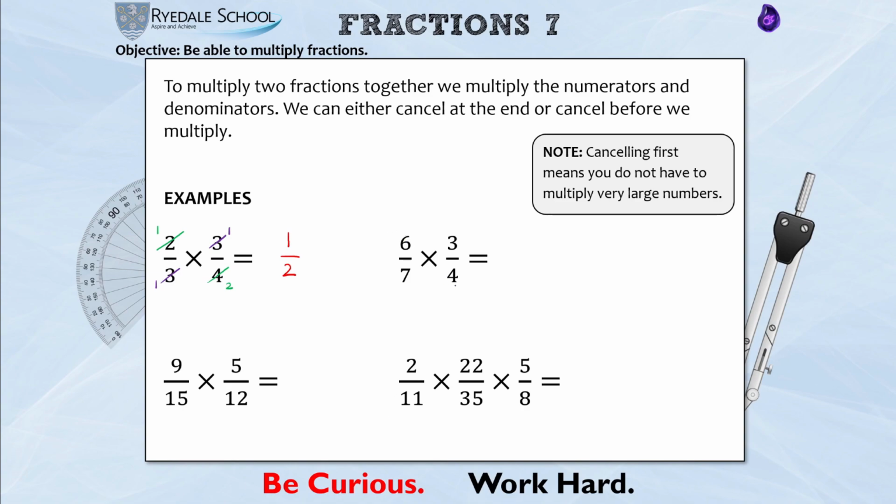And I can see, well, 6 and 4 are both in the 2 times table, so I'm going to divide both of those numbers by 2. 3 and 2. There is no more cancelling that I can do on this question, so I am ready to multiply. 3 times 3 is 9, and 7 times 2 is 14.